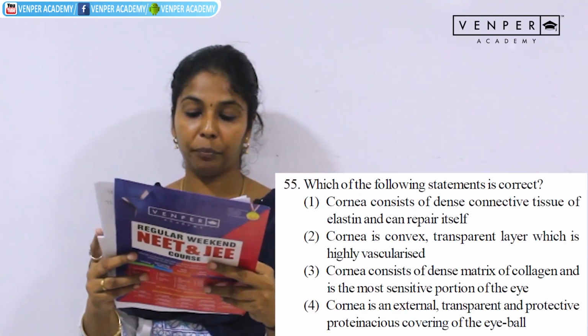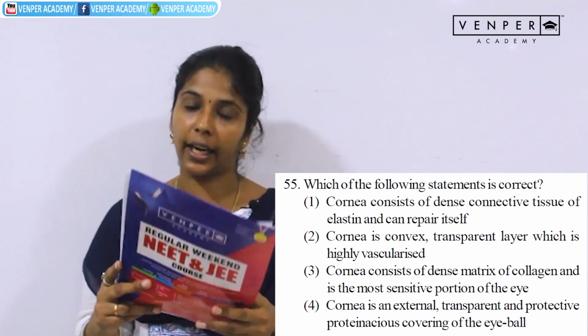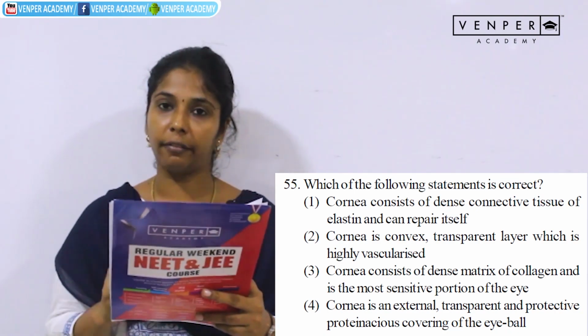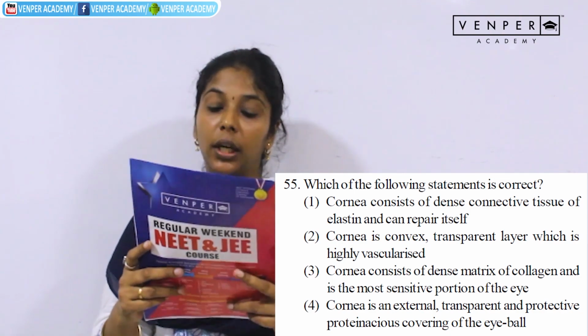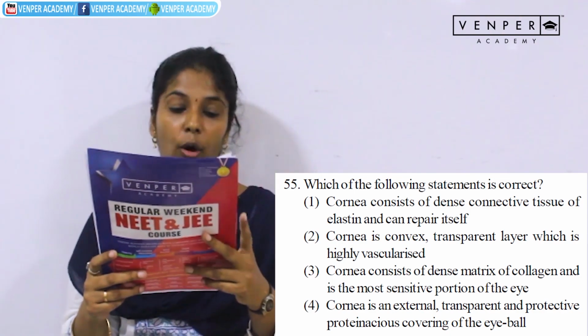Question number 55. Which of the following statements is correct? Four options are given, three are incorrect and only one is correct. First option, cornea consists of dense connective tissue of elastin and can repair itself, which is wrong. Second option, cornea is a convex, transparent layer which is highly vascularized.